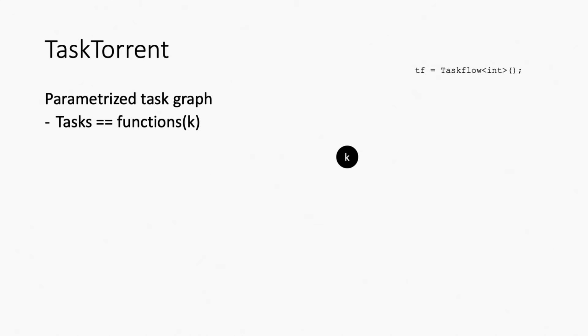In particular, for our TaskTorrent library, we use what is called a parameterized task graph approach. That's pretty important because that's a big difference with other runtimes. The main idea is that tasks are nodes in a graph, but are indexed by some k, and are basically a function of k. So a task is a function of some index k, which can be an int or a tuple of ints. And then you describe them just using functions.